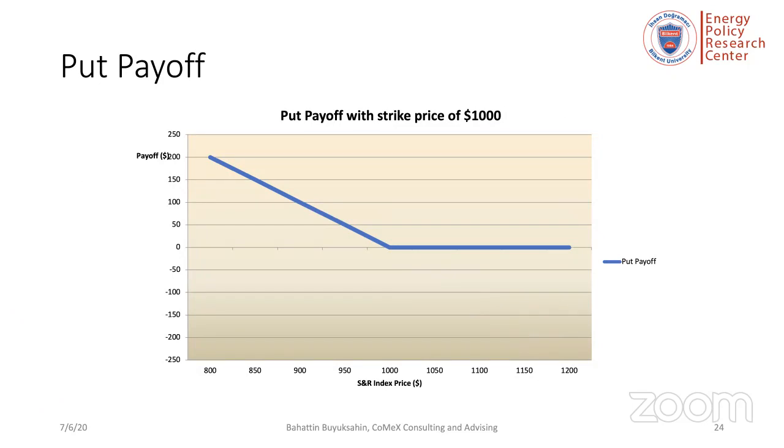Here again, like the call option, we put the graph for the put payoff. If the market price is below the strike price, the option holder will exercise his rights. If the price is above the strike price, the option has no value in the sense that the option buyer sells his shares in the market at a higher price than the strike price. Therefore, the payoff to the option buyer is 0 above the strike price.